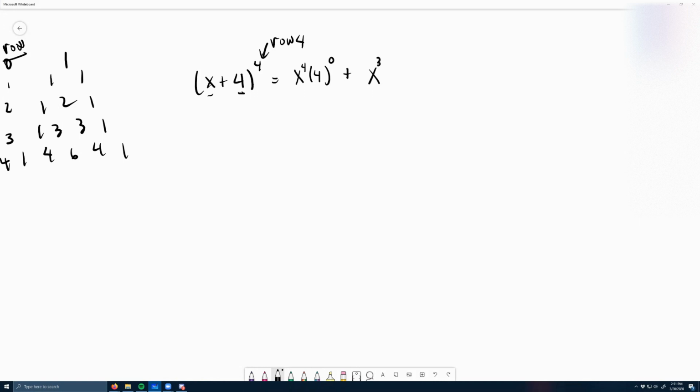This is now to the 3rd power. The second term is to the 1st power. Again, this comes from here. This decides what power we're starting with, and it's counting down. And this counts up. This goes 0, 1, 2.